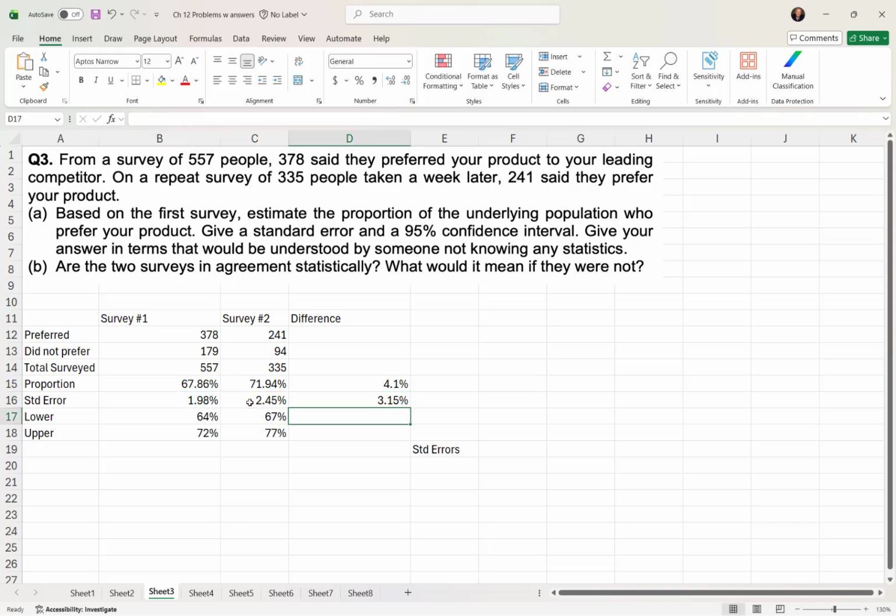And what do we get? 3.15%. Okay, so what do we see?